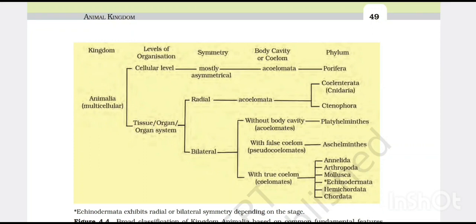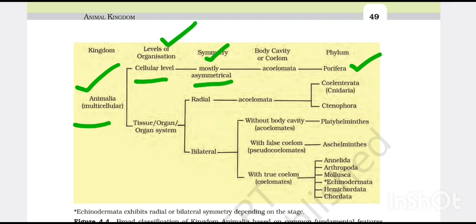So at first the kingdom Animalia, which are multicellular and heterotrophic organisms. The cellular level of organization is shown by the phylum Porifera, and they are mostly asymmetrical and lack the body cavity or coelom, so they are acoelomate.